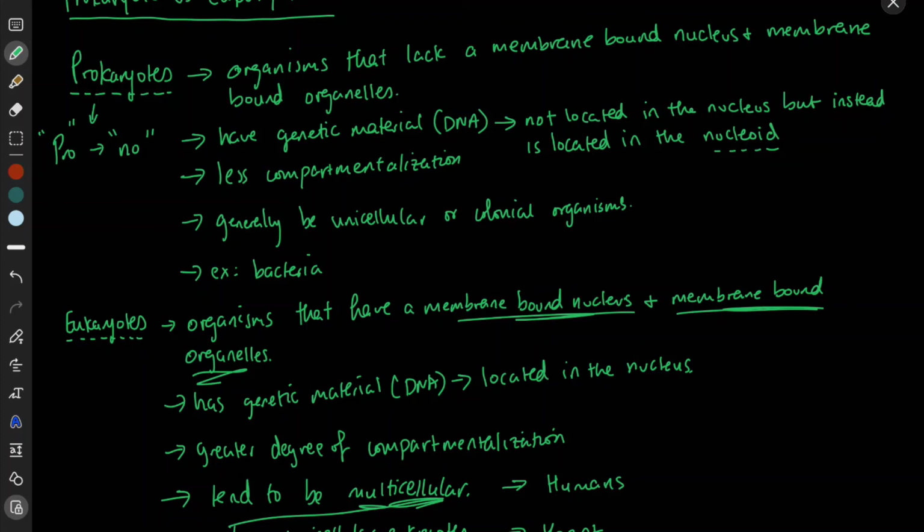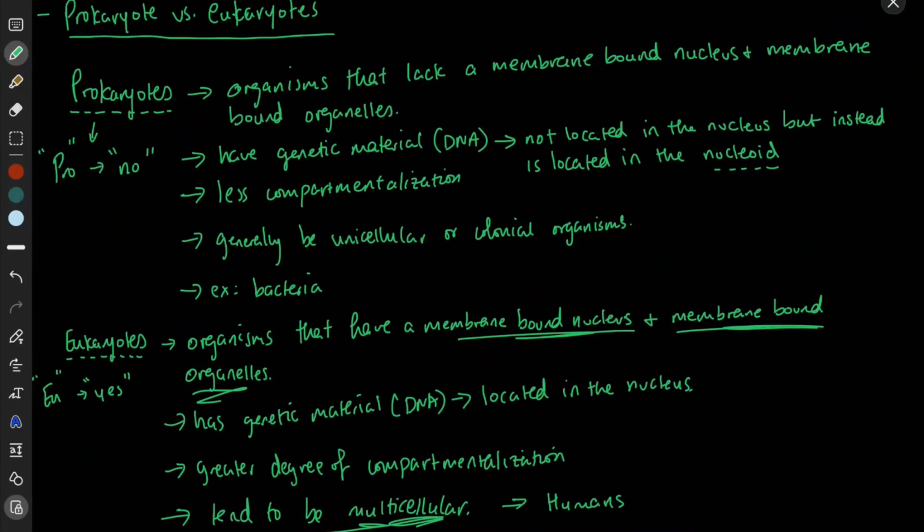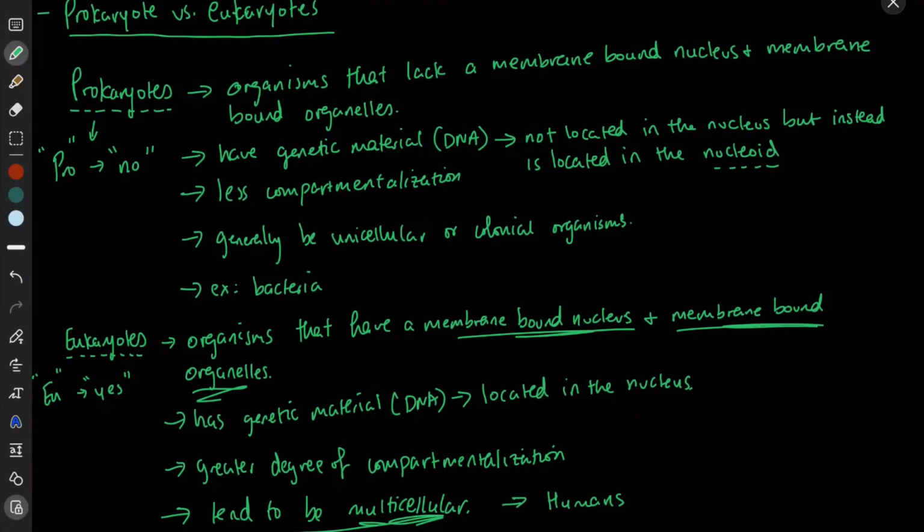And eukaryotes, EU, kind of rhymes with yes, it has that Y sound. So eukaryotes do have membrane-bound organelles and a membrane-bound nucleus. This is somewhat of a cheesy way to remember it, but if it works for you guys, then so be it. Okay, so that was that.